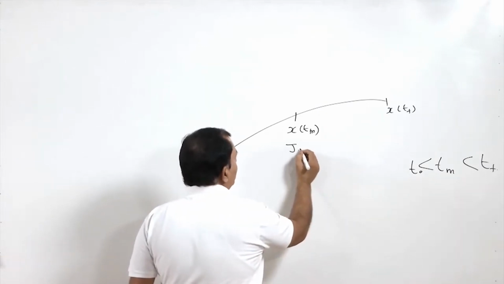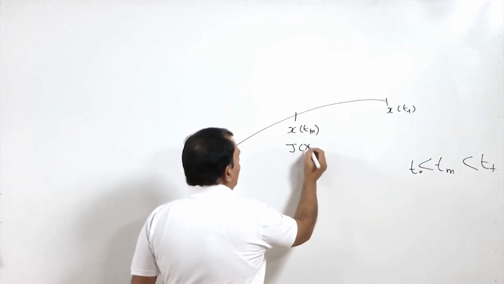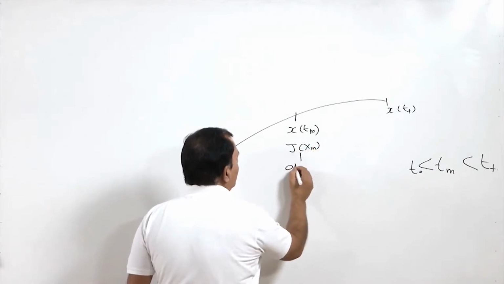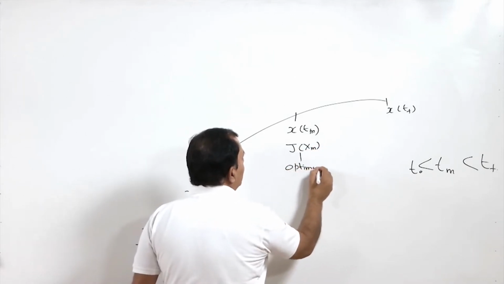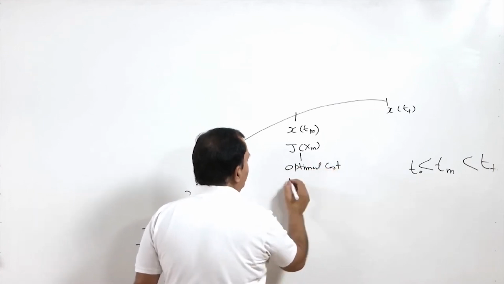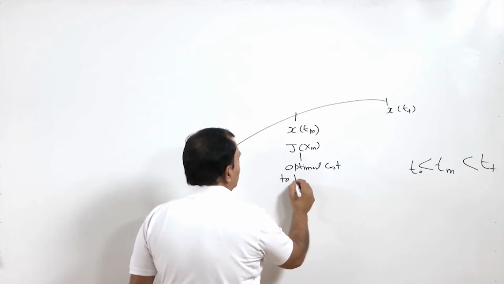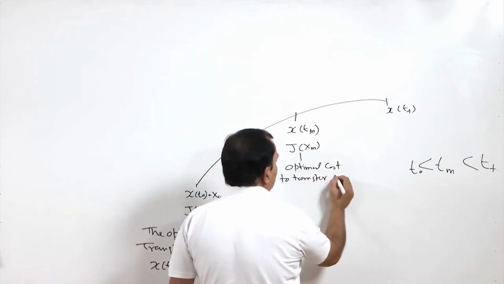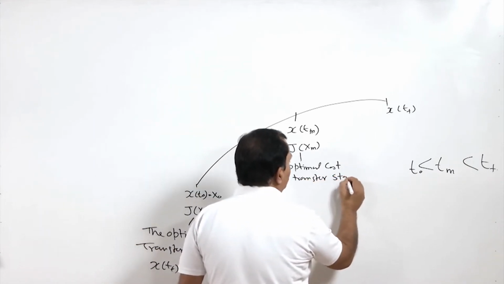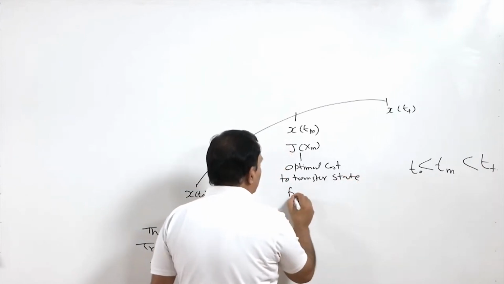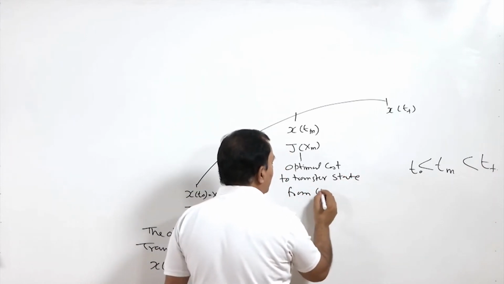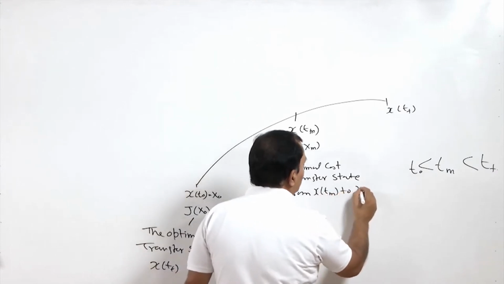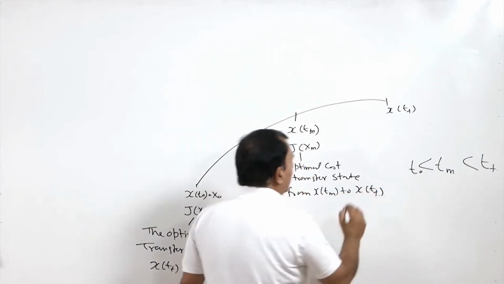I am saying J(xm) is the optimal cost to transfer the state from x(tm) to x(tf).